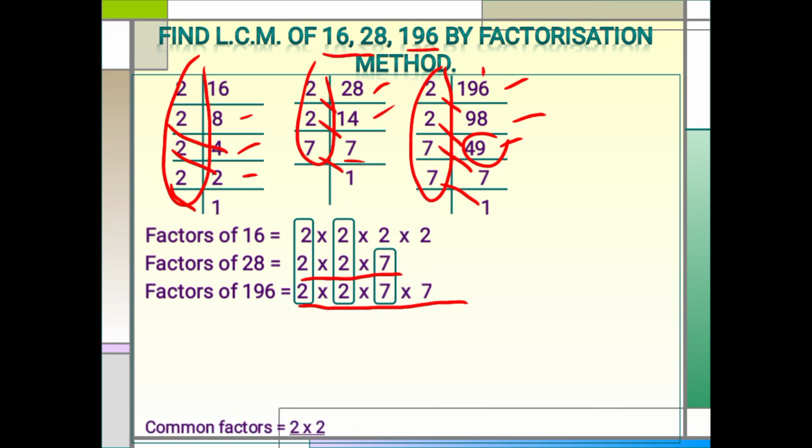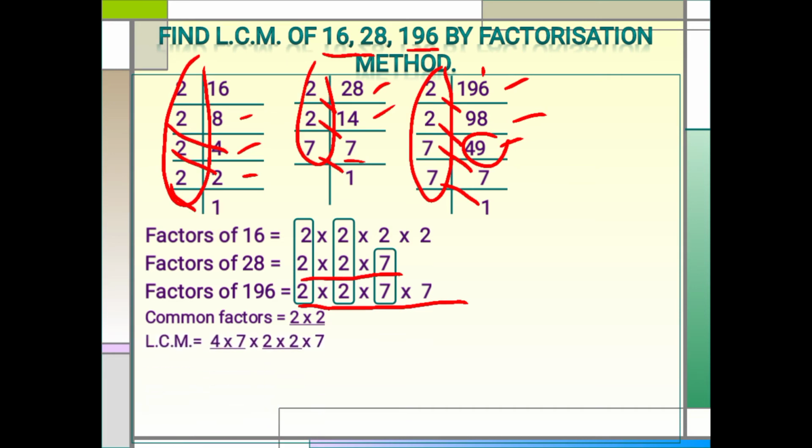So first of all, you will write your common factors, that are 2 and 2. Then you will multiply them, so 2 multiplied by 2 is 4, and then you will write all your remaining factors, that are 7, then this 2, and then the 7. Then you are going to multiply them all.